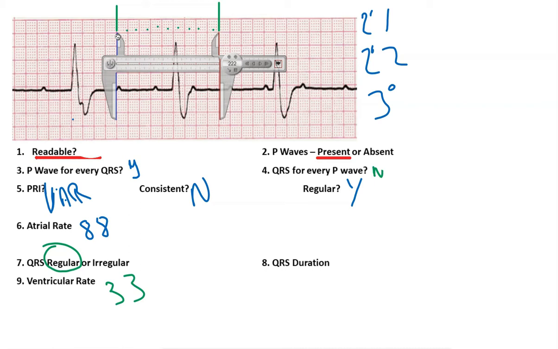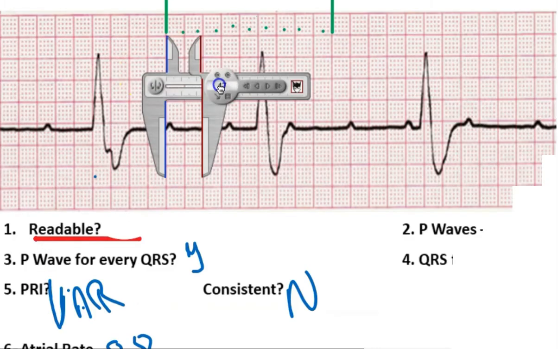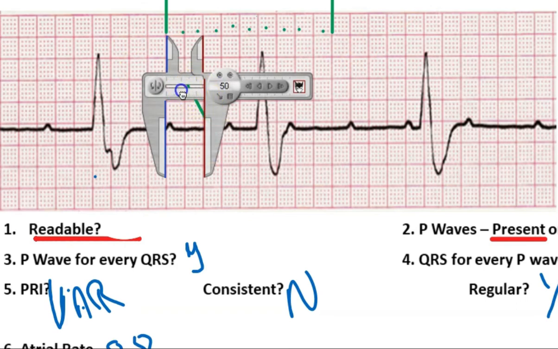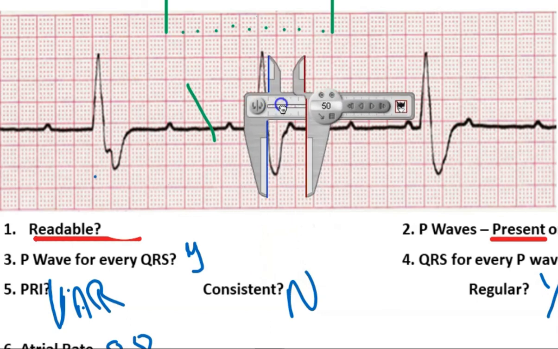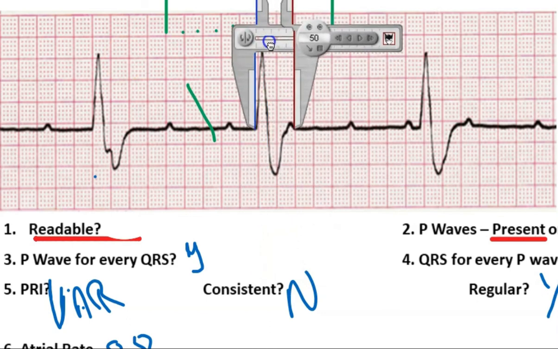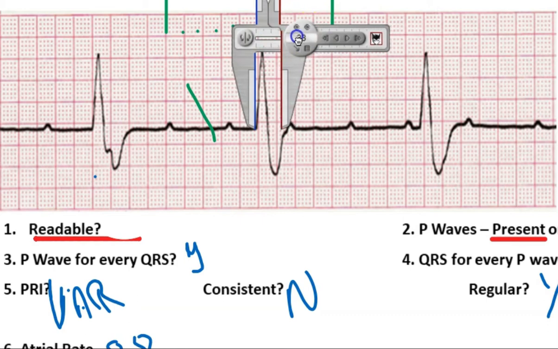Okay? Now, let's take a look at the QRS duration, because we didn't measure that yet. So, since we're here, we're just going to move this. We'll just go right here. And I'm going to use this side of the calipers just because I think it's going to be a little bit easier for us. So the question is, where does this end and where does the T wave begin?